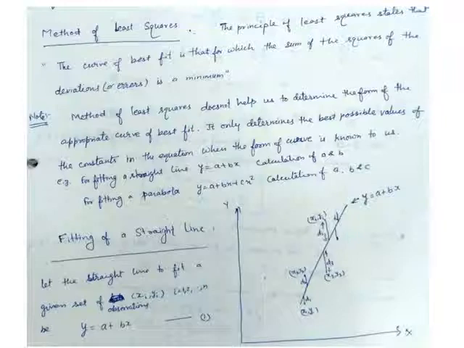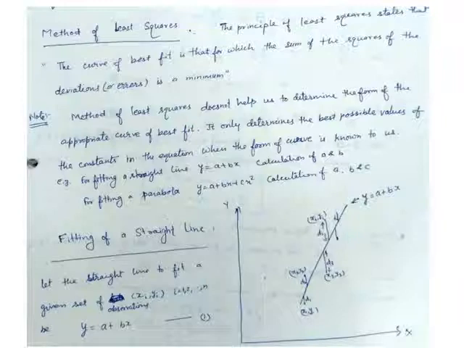One must note here that the method of least squares doesn't help us determine the form of the approximate curve of best fit. It means if the data values are given, by the method of least squares you are not determining the best fitted curve. You are determining, if you know the type of curve, whether you need to fit a straight line or a parabola.